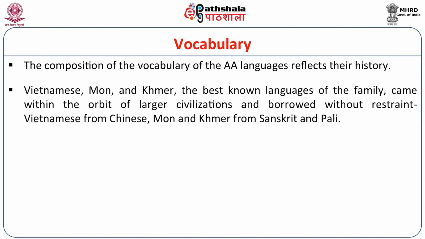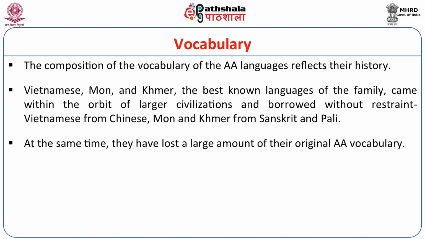Vietnamese, Mon, Khmer, the best known languages of the family, came within the orbit of larger civilizations and borrowed without restraint. Vietnamese from Chinese, Mon and Khmer from Sanskrit and Pali. At the same time, they have lost a large amount of their own Austroasiatic vocabulary.